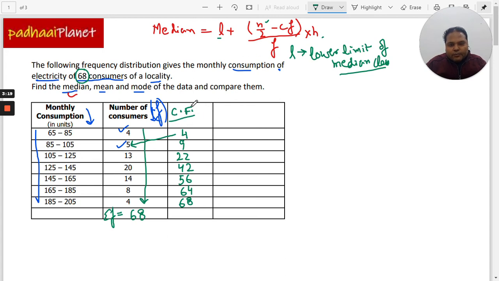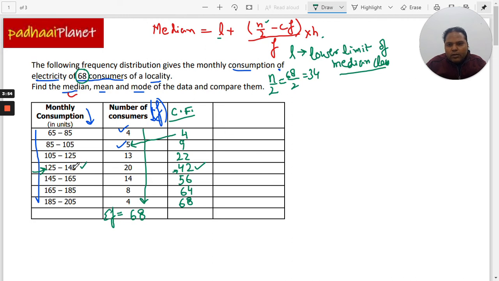Now to find the median class, we need to find n by 2, and that's 68 by 2, which makes it 34. The next cumulative frequency after 34 is 42, so this is our median class, this particular class interval.